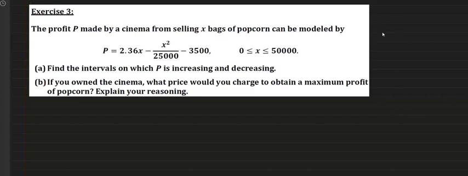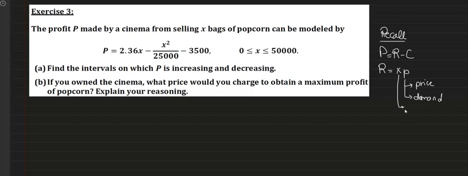Let's first recall, before starting, our formulas that we used before, where we know that the profit is the revenue minus cost, right? We know also that the revenue is X times price. We sometimes call the price, P, the price or the demand. X as well, we call it the quantity of production, or the production level.